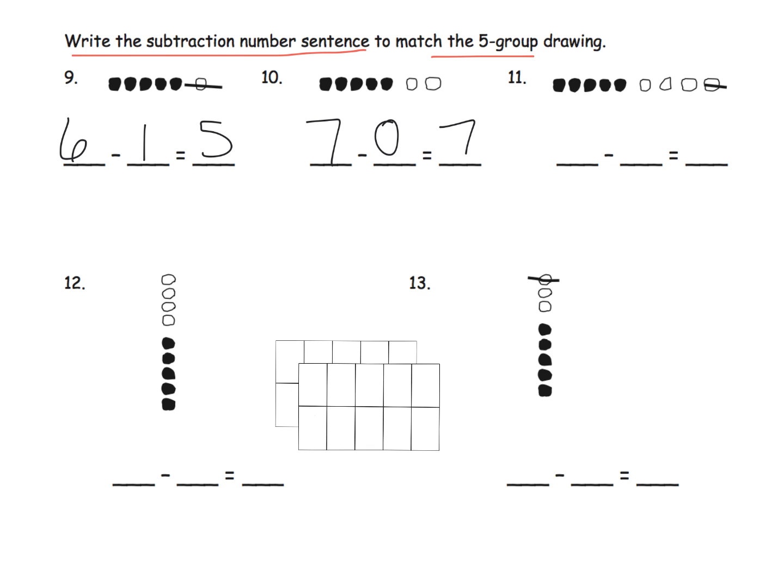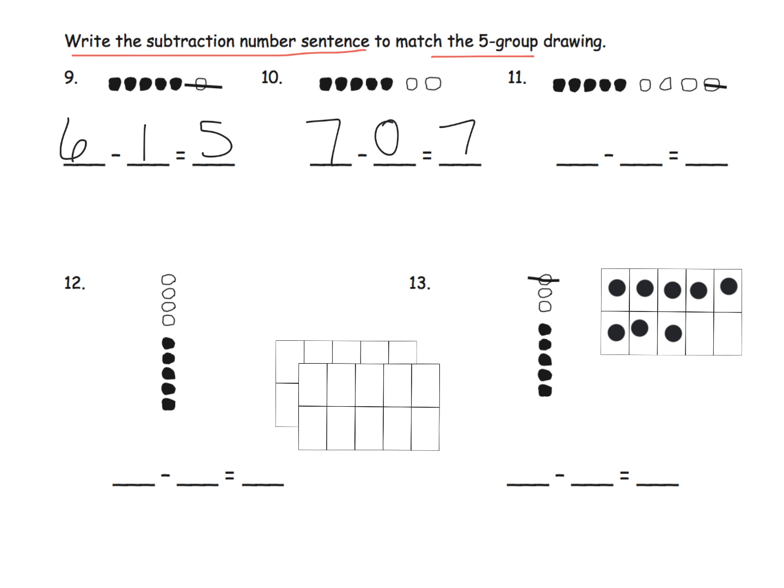If you wanted to download the doc file and turn this into 10 frames instead of these dots, what would it look like? Well, let's do that for question 13. Question 13 says we're going to start off with 8 dots: 1, 2, 3, 4, 5, 6, 7, 8, because we can see there's 5 plus 3.